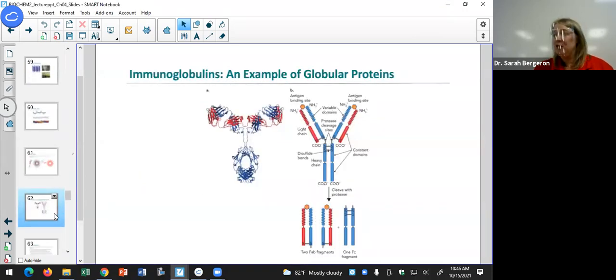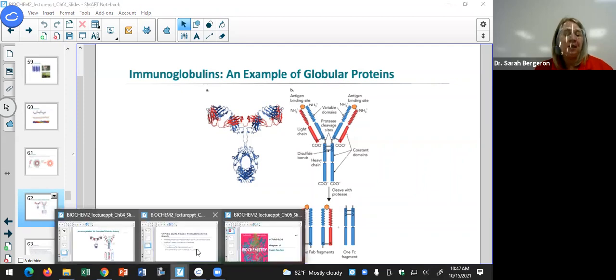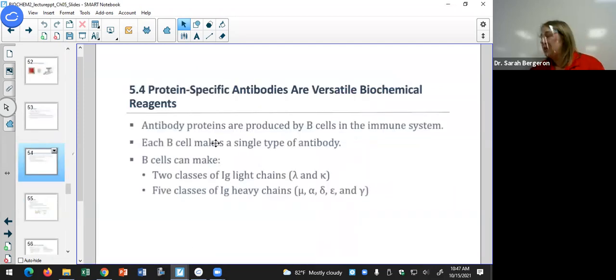If you want to refresh your memory, the diagram for the structure of an antibody is on slide 62 of chapter 4. Antibodies, if you've taken anatomy and physiology, some people have, are produced by B cells. Where do we find B cells? The spleen. The spleen is where the B cells are made.